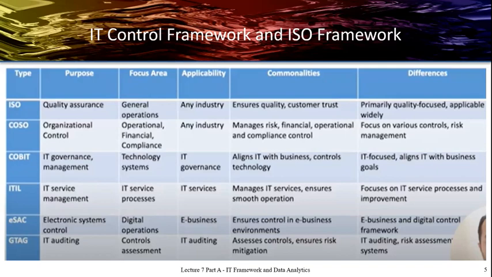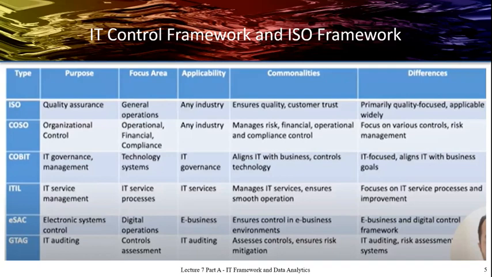If you look at the COSO framework, the purpose is organizational control. And the focus area is operational, financial, and compliance. Any industry you can apply it to, and it manages risk, financial, and operational compliance control.